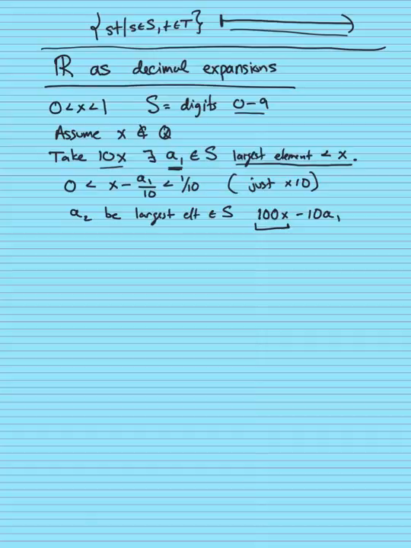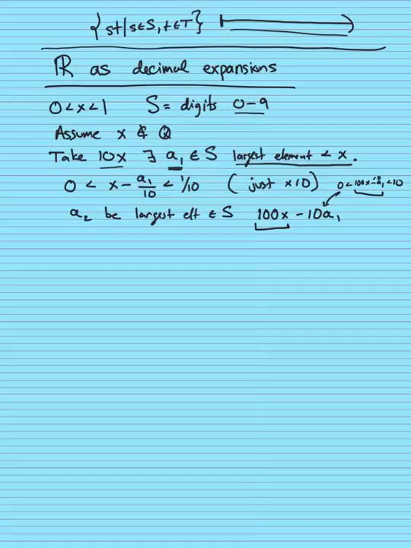Okay, so let me just note, this is certainly, 0 is less than this, and this is less than 10. So now you do the exact same thing of taking the largest integer away from this as you can. Okay? I'm sorry, 100X minus 10A1 is less than 10.